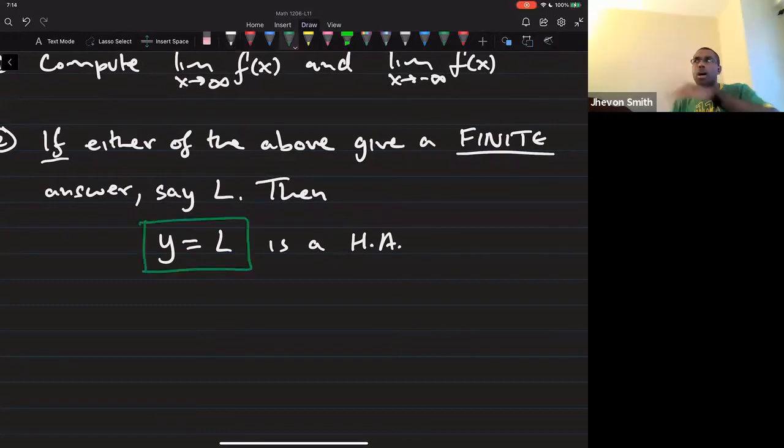Right, so y equals a constant is going to be a horizontal line, and that's how you would know what the constant is. You are going to take the limit, and it's going to tell you what that constant is.